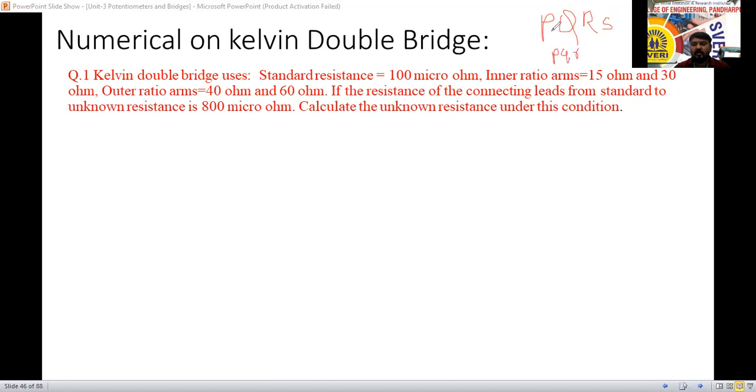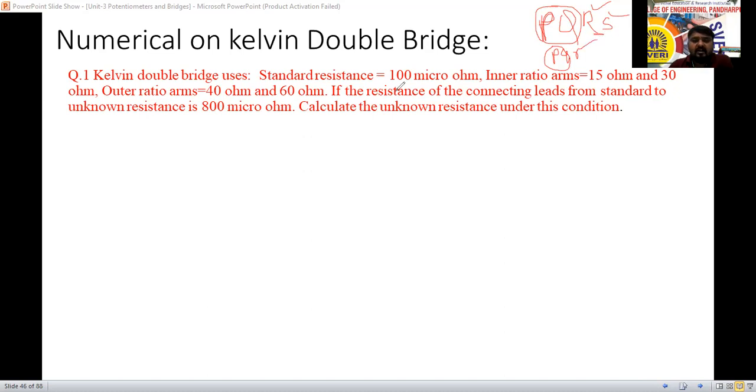These points: this P and Q are the outer arm ratios, and these two are the inner arm ratios. This R is the unknown resistance, and S is the standard resistance. Between S and R, it is connected by a straight line. That one we are going to use.